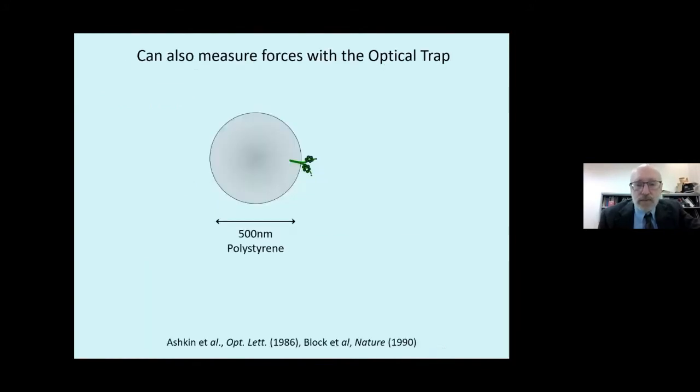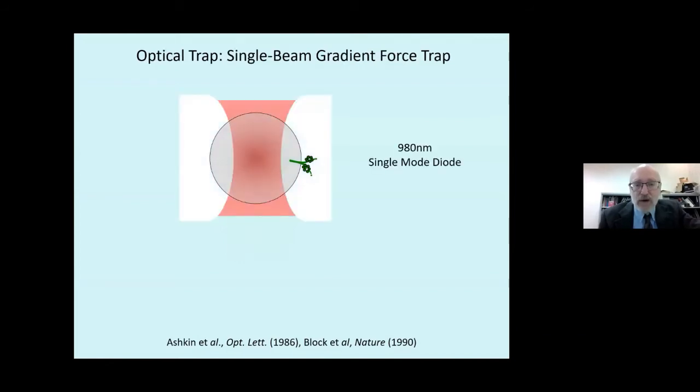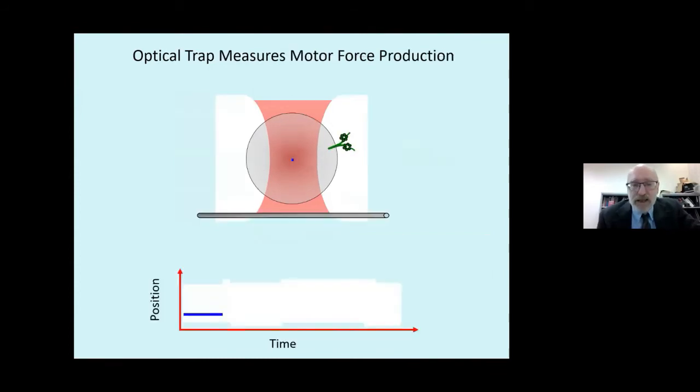You can also ask about forces. How much force does a motor produce, and how do forces from groups of motors add together? Again, you take a single motor and put it in an optical trap, which functions like a spring. As the motor binds and starts to walk, the bead is pulled out of the optical trap by the motor, but the optical trap is pulling back.